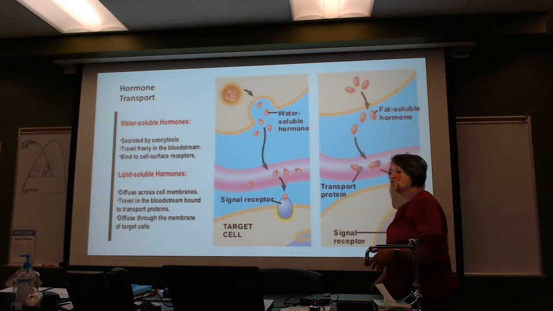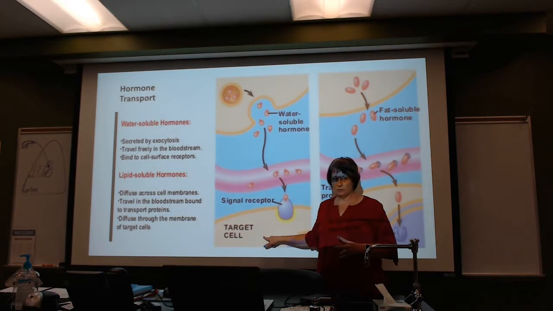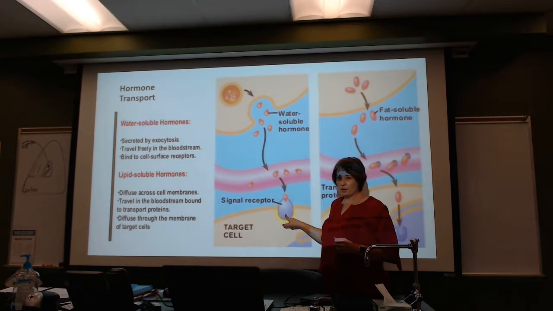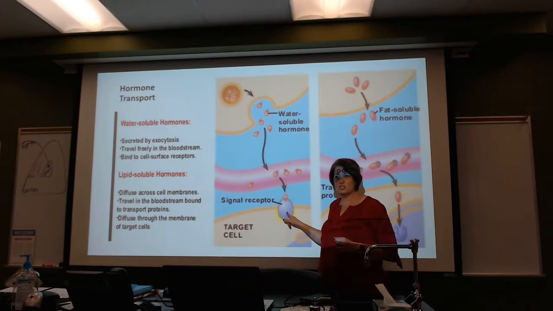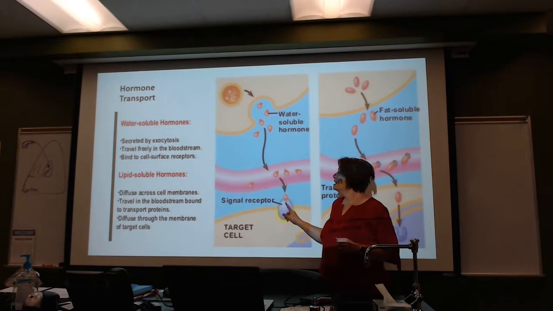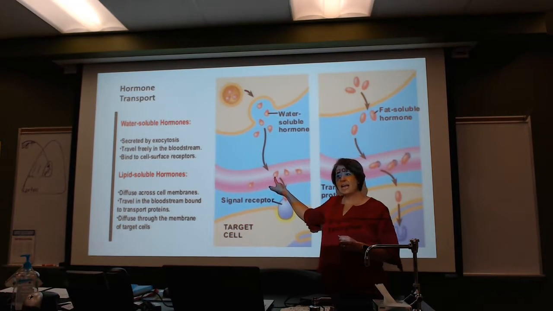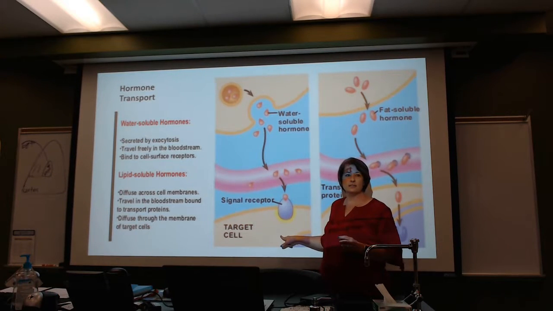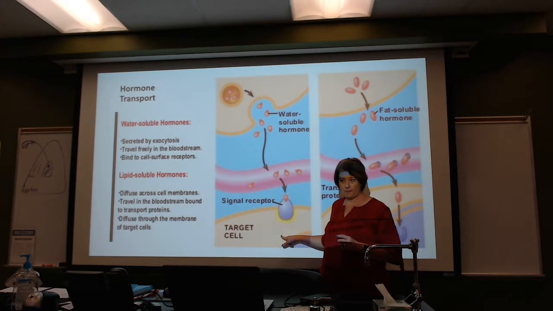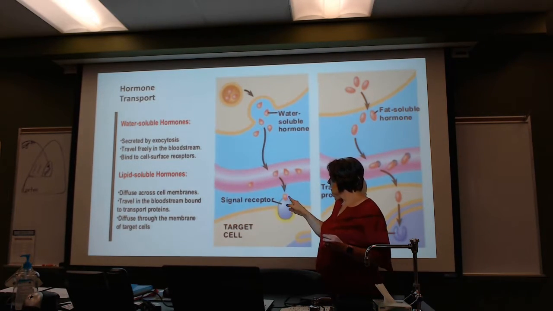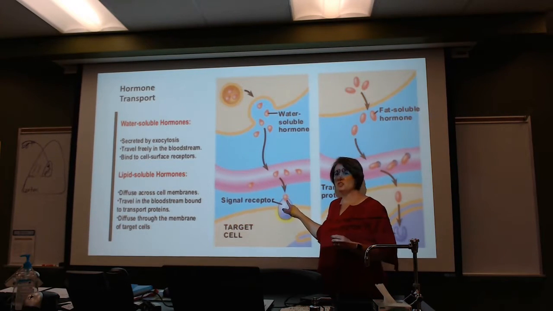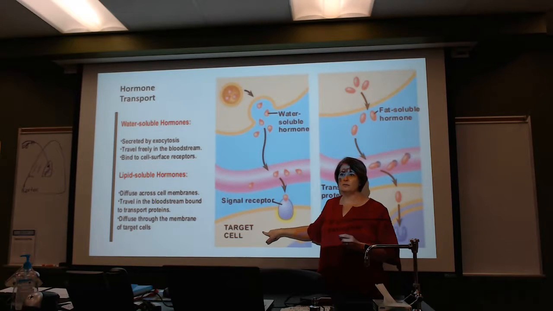When they reach a target cell, remember, hormones have to attach to a receptor. Every hormone has a target cell. Is everybody following me? Yes. So now this hormone attaches to the receptor on the target cell.